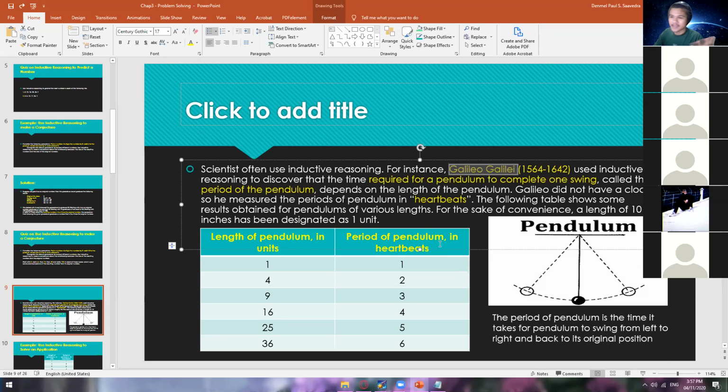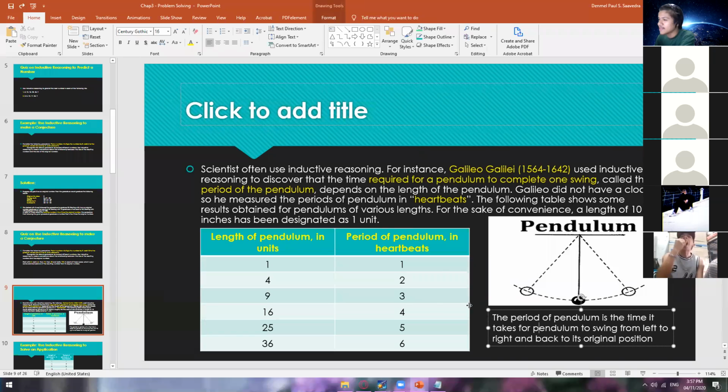Some have a fast heartbeat, some have a normal one, and some have a slow heartbeat. So for Galileo Galilei, one period of the pendulum is one heartbeat also. So it already finished 2 periods, that's already 2 heartbeats.